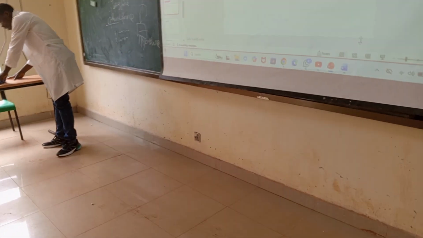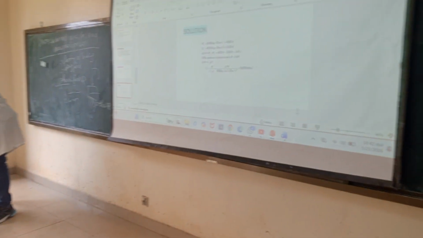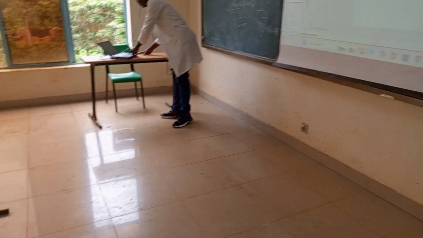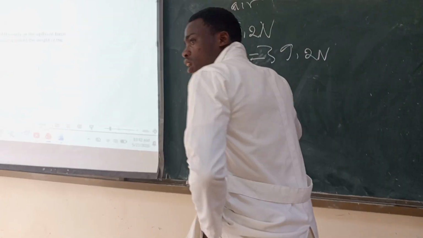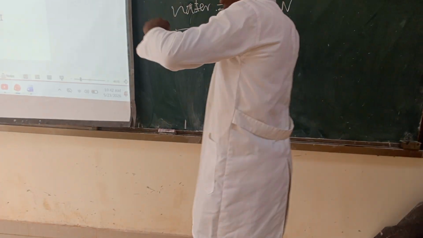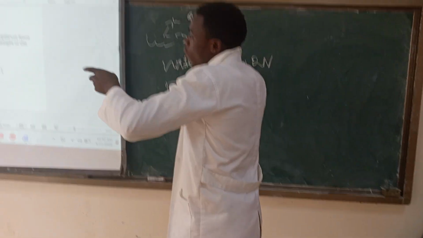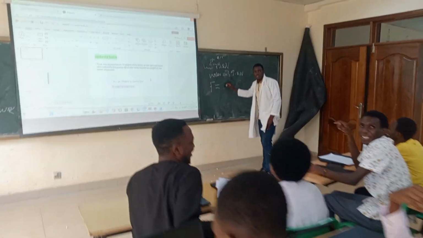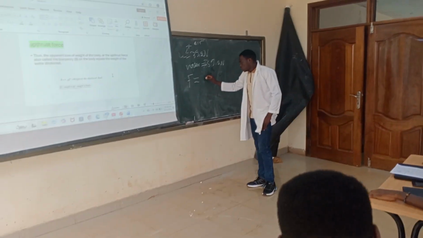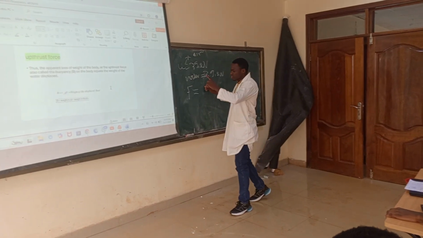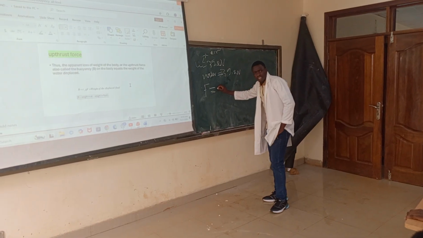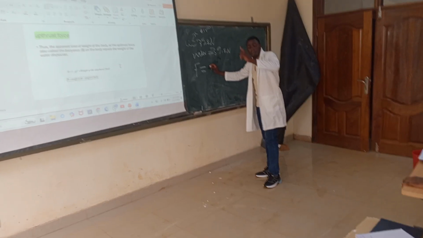Yes. We have the worked examples. Do them in your groups by using the Archimedes principle. As you know, the Archimedes principle says that the weight of water displaced is equal to the upward force or buoyant force.